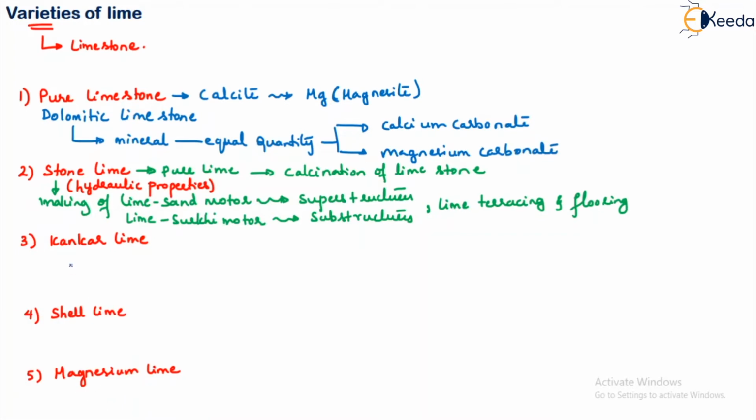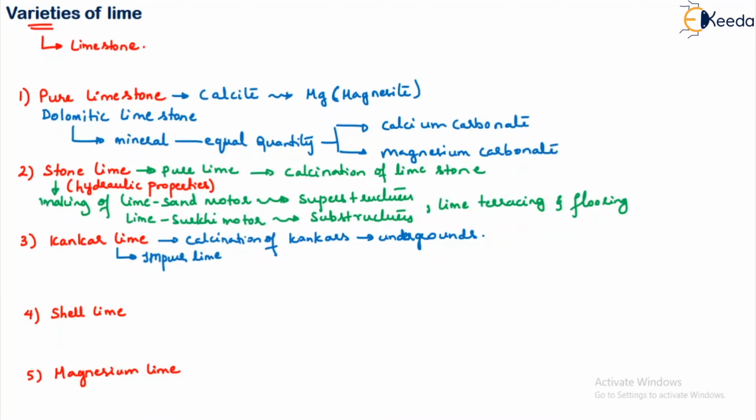Moving on to the next one, it's the conker lime. The name itself indicates that this is obtained from the calcination of the conkers, which are brought from the underground. And as I already told in the introductory video, these are the impure lime which we have.